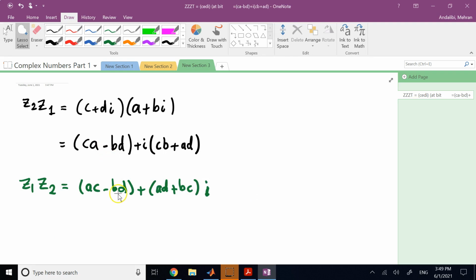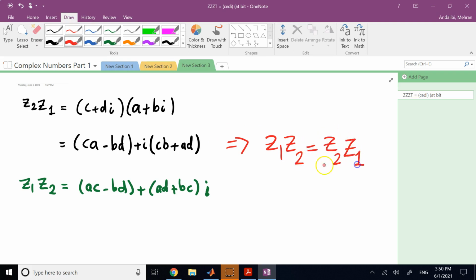And if you see, yes, they are. Correct? The order is changed, but the result is the same. So that's very important that z1 times z2 is the same as z2 times z1. So product does have the commutative property for complex numbers.